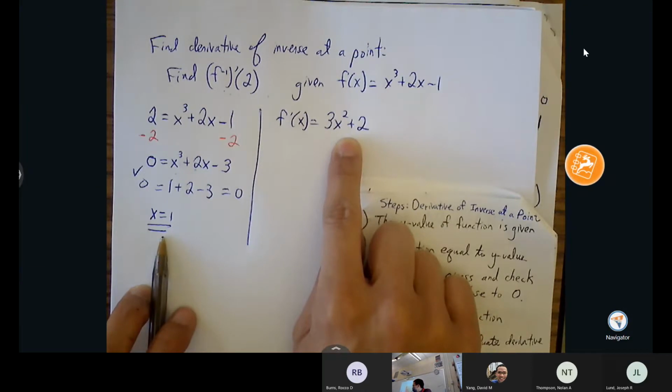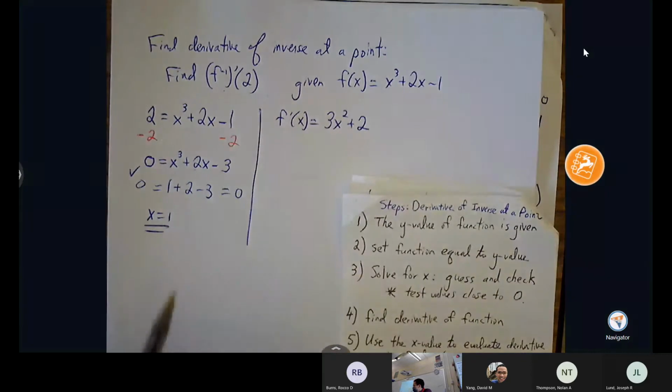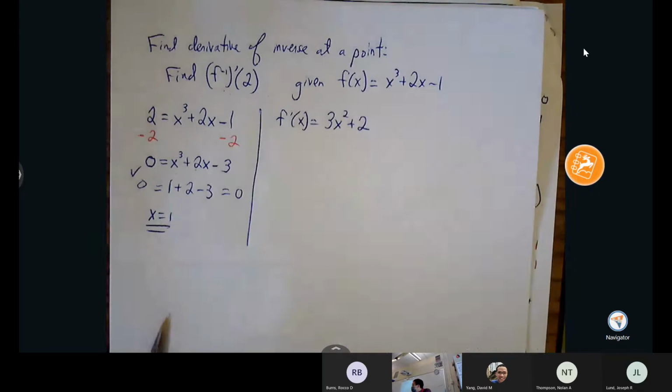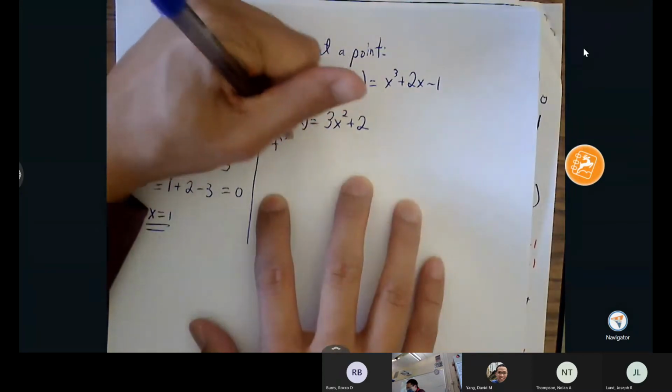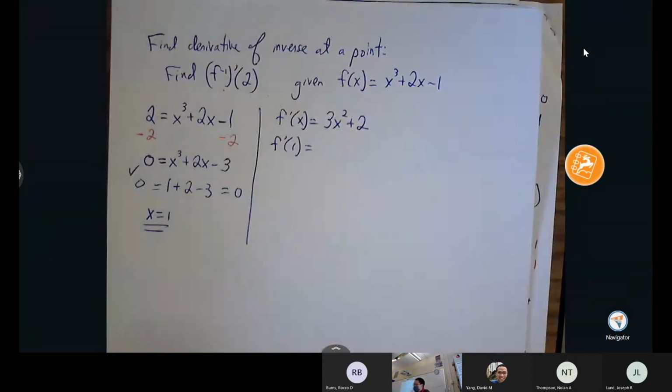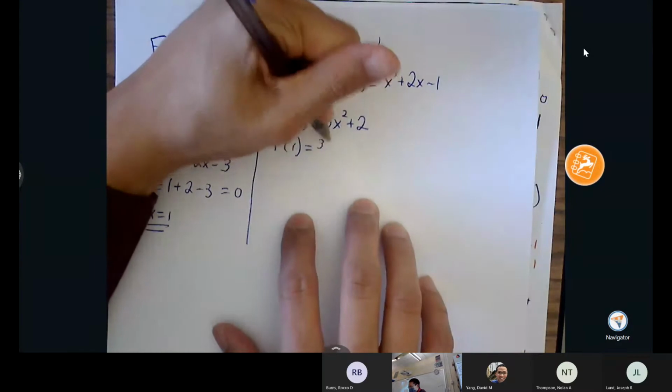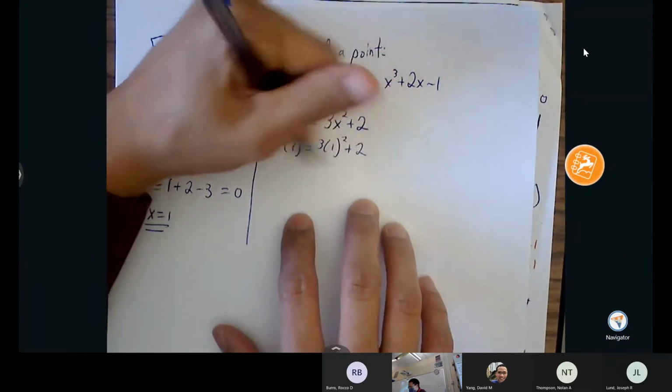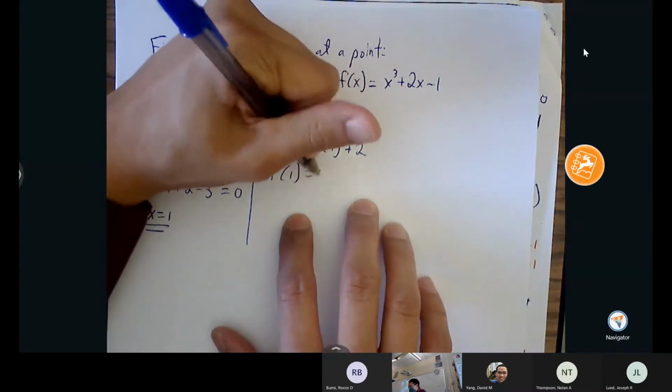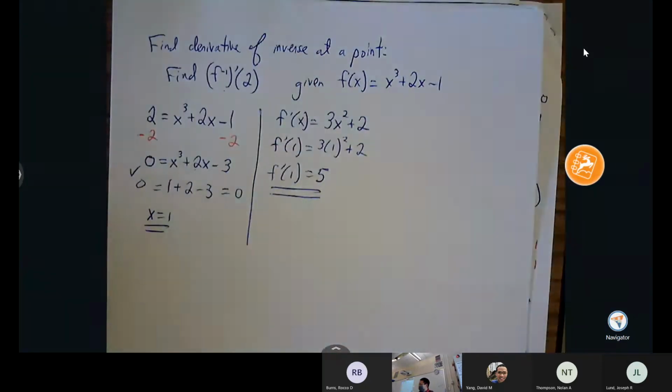Should we make the other side equal to 0? How can this x value help though? We plug it in. And then what we get is the slope. Is the answer we get the slope? Something related to that. Let's find f prime of 1. So it's equal to 5. Yeah, so we have our slope on the function, which is fine.